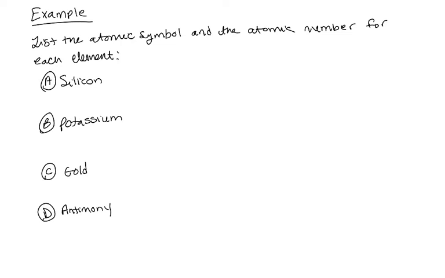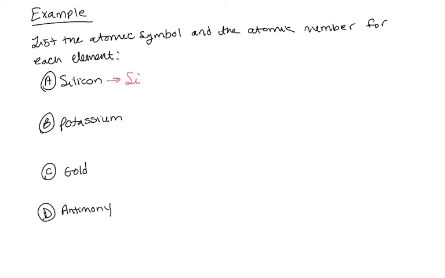So let's do an example, to make ourselves familiar with the periodic table. We're going to list the atomic symbol and the atomic number for each element. So for silicon, silicon has the chemical symbol Si, okay?